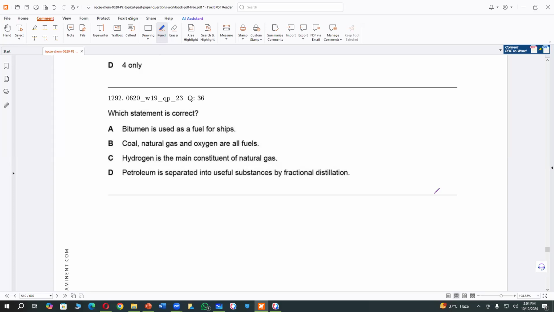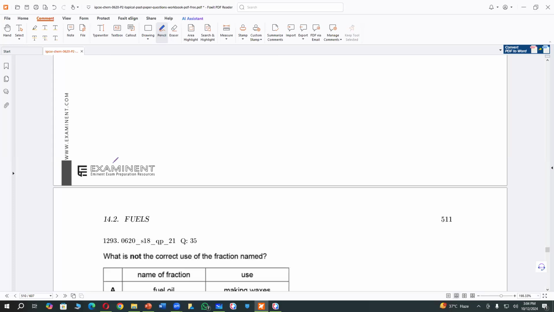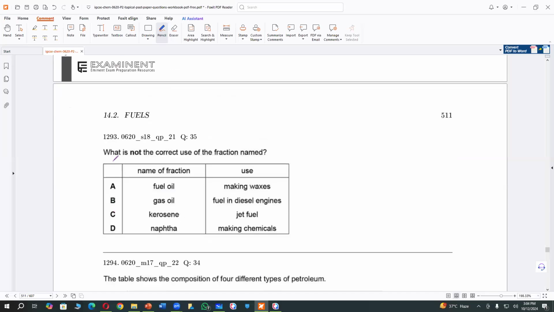It's not C because methane is the main constituent of natural gas. And I don't think it's A. It's D. Petroleum is separated into useful substances by fractional distillation, right? I'll take a screenshot of that.